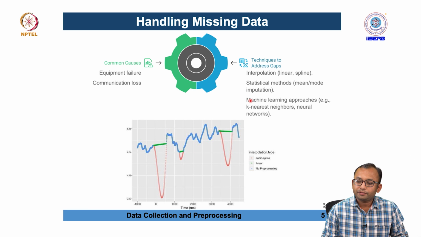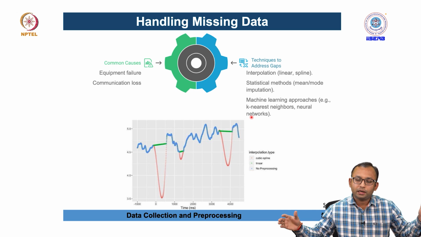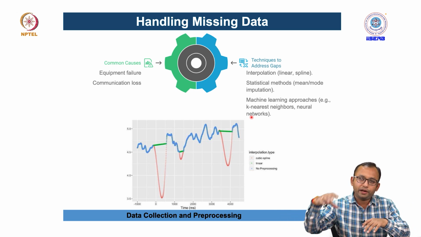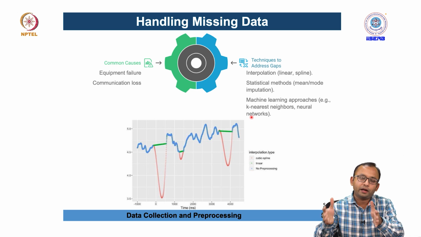Or we have more robust, advanced techniques called machine learning based approaches, where we use k nearest neighbors or neural networks to identify the neighboring conditions of your data set, and based on that information we fill our data records where we have missing data.